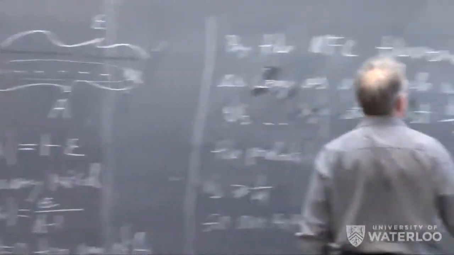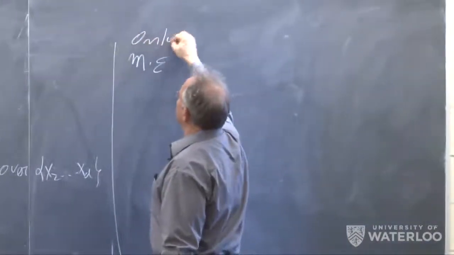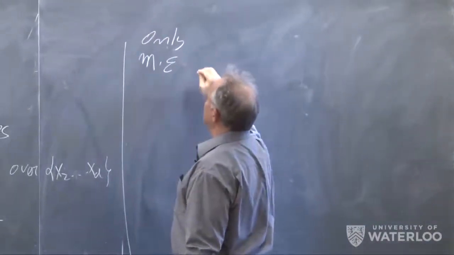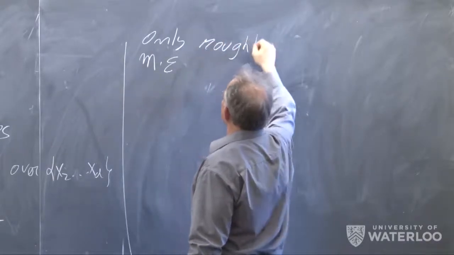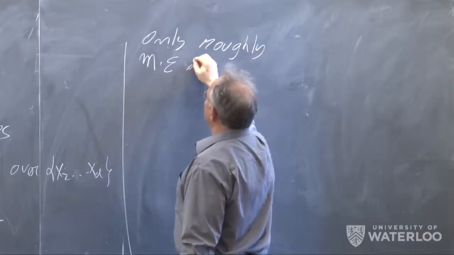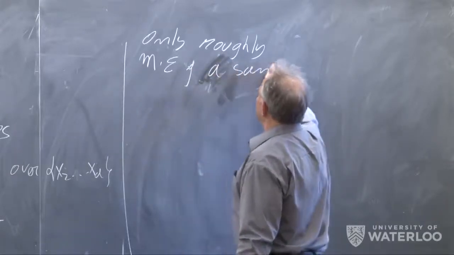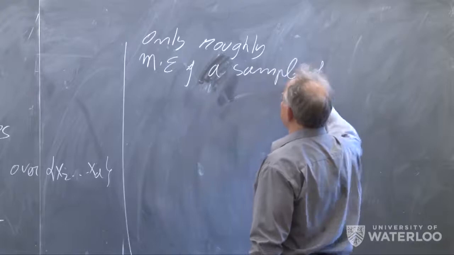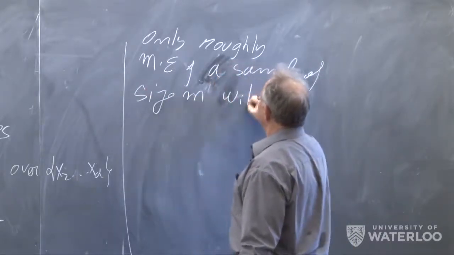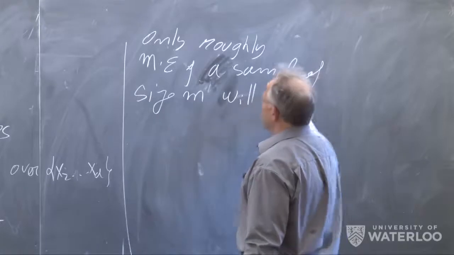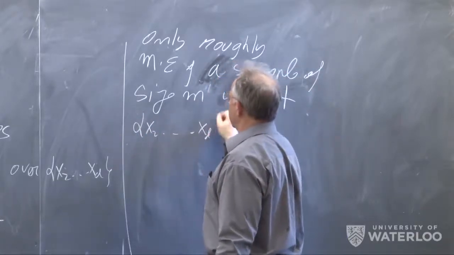So only epsilon m, roughly, in expectation, of a sample of size m will hit the important area x2 up to xd.